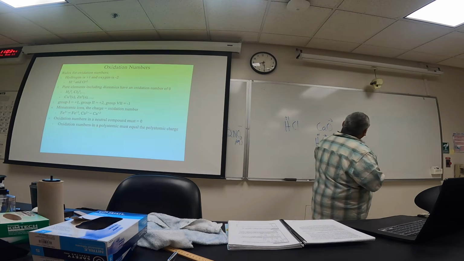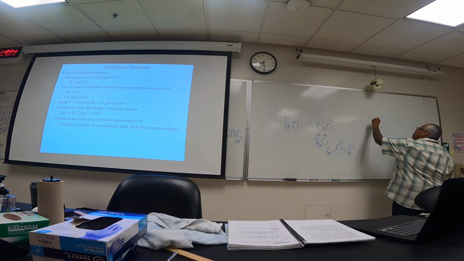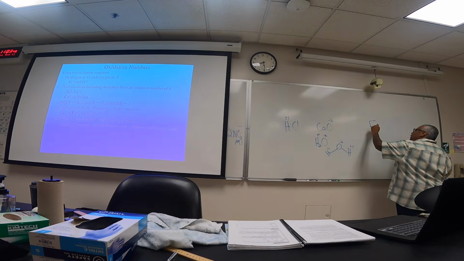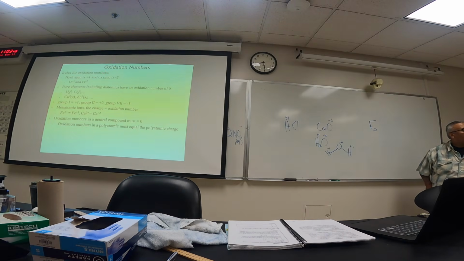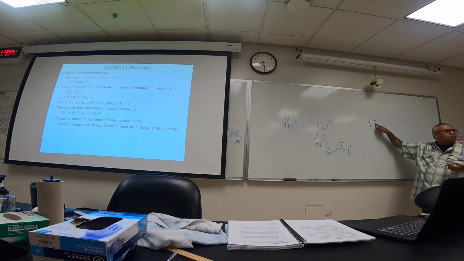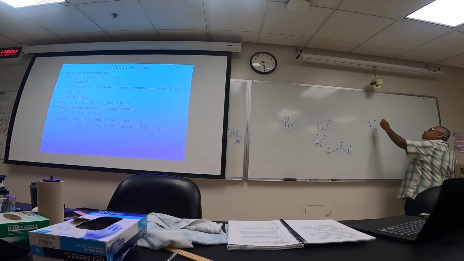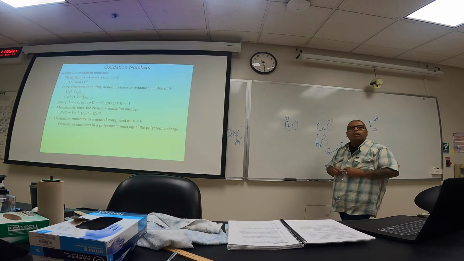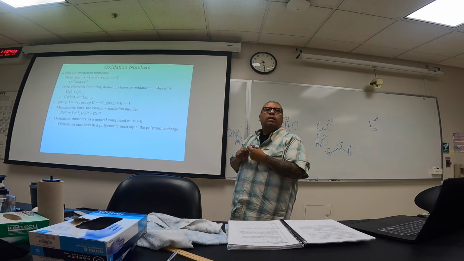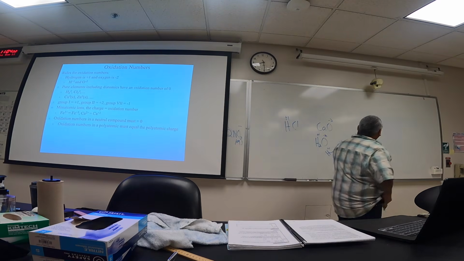So this is a diatomic. This is its elemental state. So what would the oxidation number be for this? Rhymes with zero. 0, perfect, yes. So here, the oxidation number of any pure element in its elemental state is simply 0.